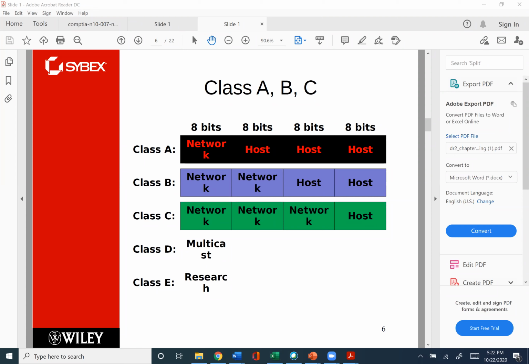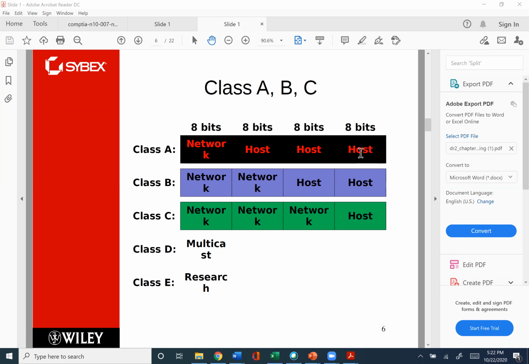All right. So what I'm trying to tell you here, think about it, 8 bits. Class A utilizes the first octet of the IP address to classify a network, and then the rest for the hosts. So basically for class A, I could have 255 networks, right?